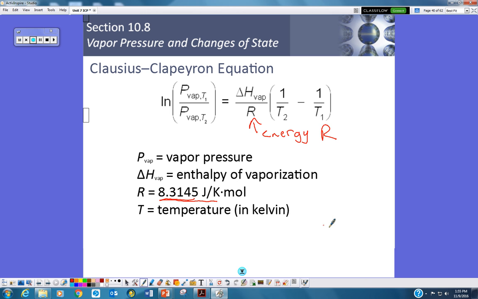Remember to keep your temperatures in Kelvin, so we would do 1 over T2 minus 1 over T1, and then solve. So just keep that equation available for you to use, and we'll set one up and actually do one together, hopefully from the homework sheet, so you can see it too.